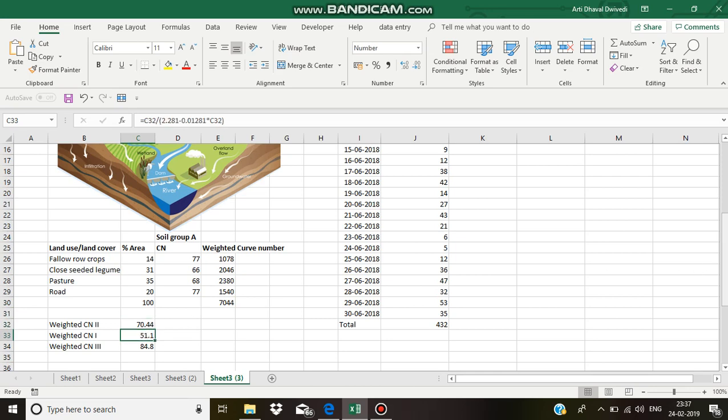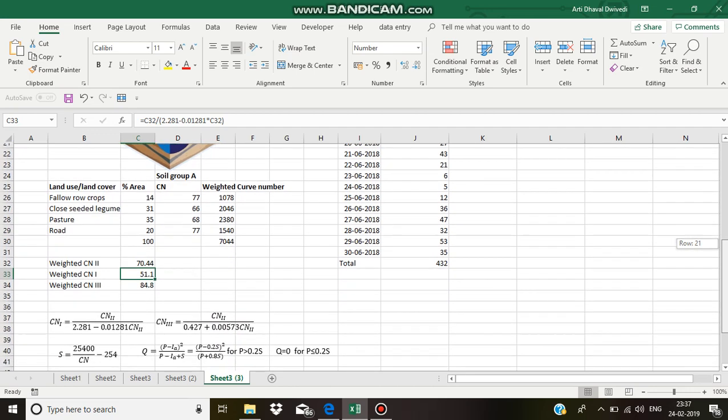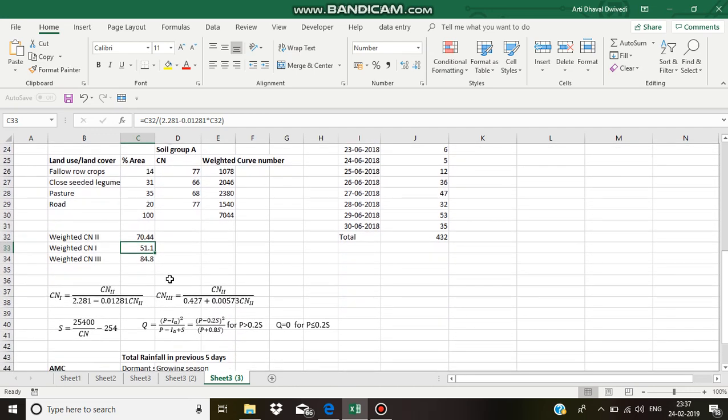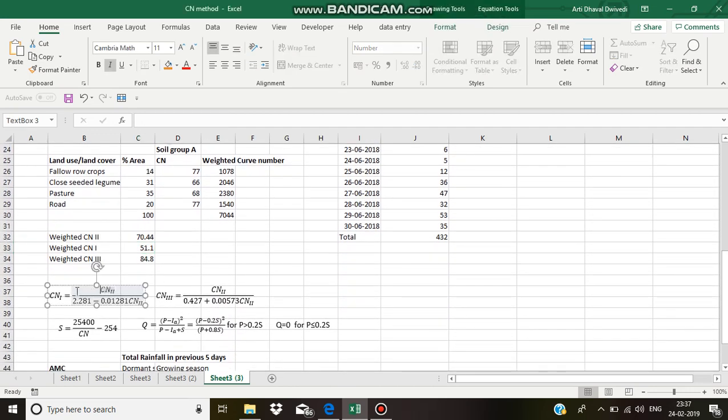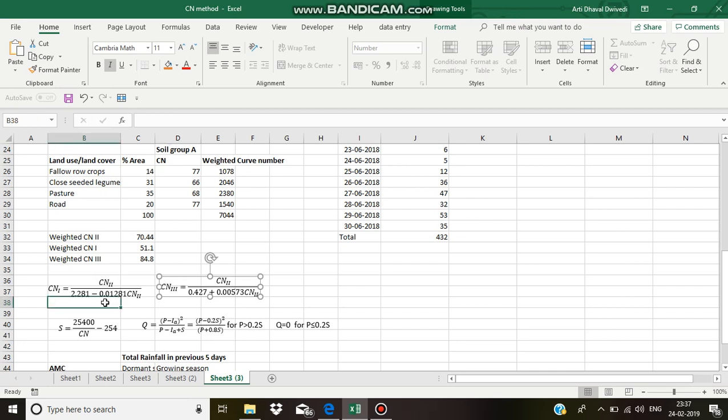Now it was converted into weighted curve number 1 and weighted curve number 3 using a formula for conversion from curve number 2 to curve number 1, and this formula which converts curve number 2 into curve number 3. So the weighted curve numbers for antecedent moisture condition 1, 2 and 3 have been obtained.